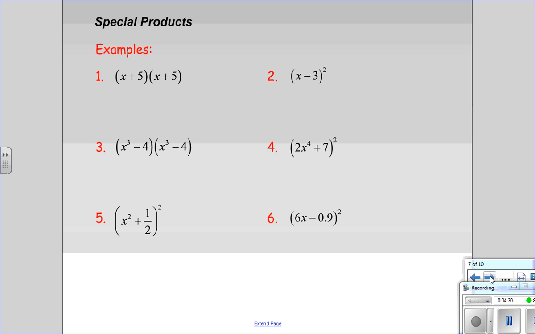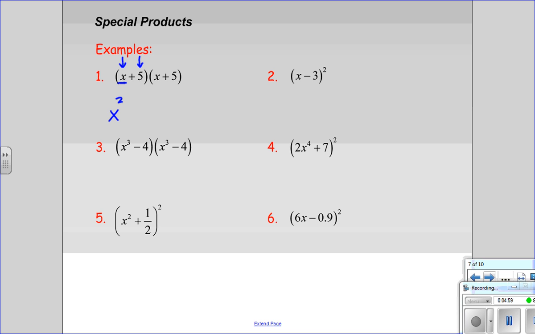So in x plus 5 times x plus 5, this is x plus 5 squared. Again, we could use FOIL to multiply this if we would like, or if we can learn this shortcut, this product rule, we can get straight to our answer. So we know that since this is a binomial squared, our outcome will be our first term squared. Our middle term is going to be our first and our second terms multiplied together.